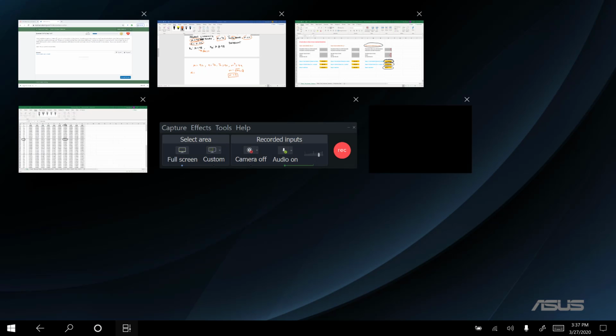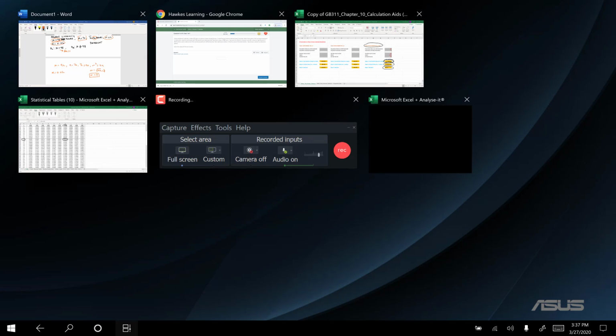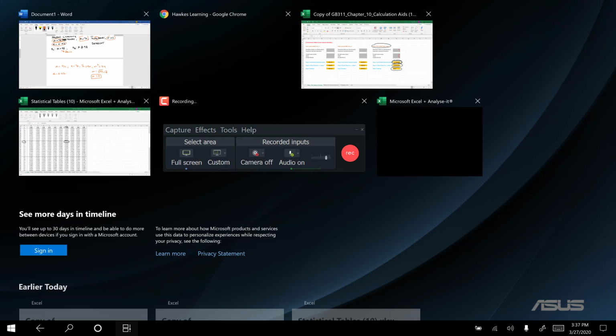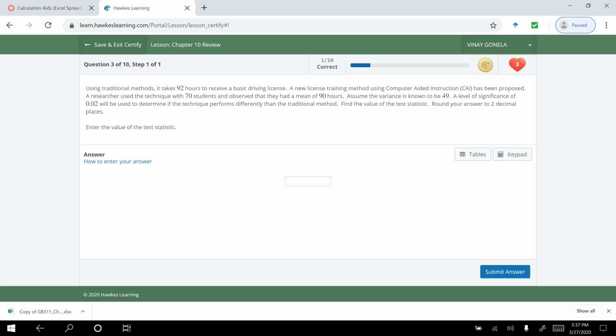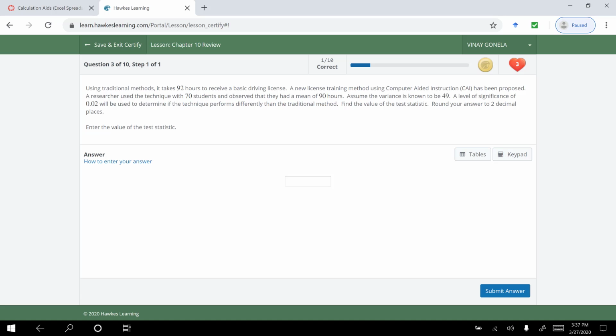So you will do alpha is equal to 0.02, and then we have to determine whether it is a one-tail problem or a two-tail problem. They say a level of significance of 0.02 will be used to determine if the technique performs differently than the traditional method.